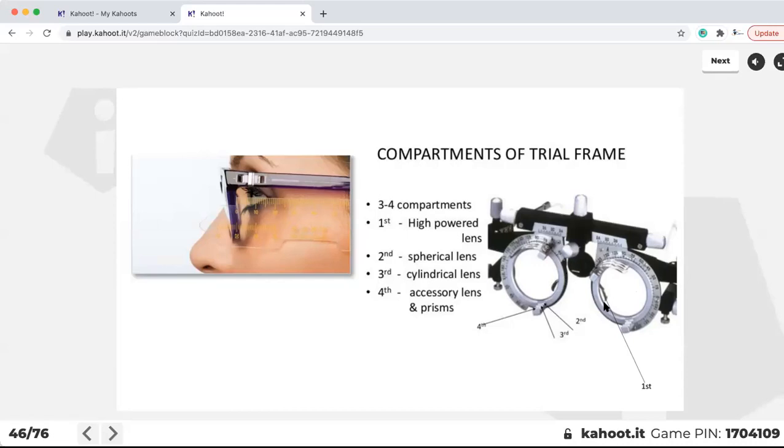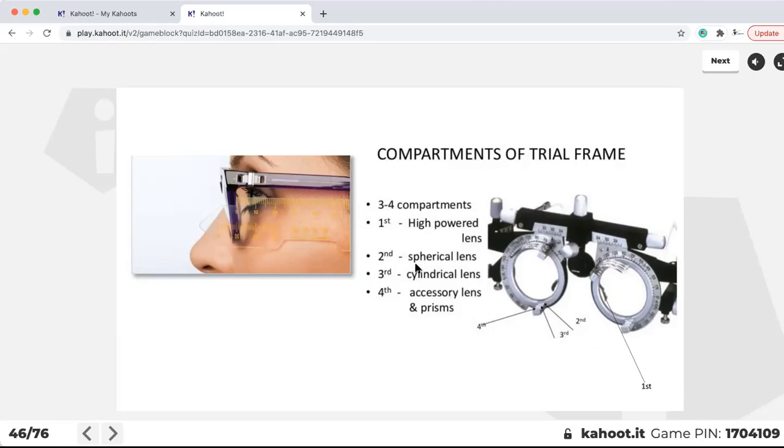Most of the trial frames have 3 to 4 compartments. We put the high powered lens in the back cell. The most powered lens should be put in the back cell. This will be more optical. So for a patient whose back vertex distance we are going to measure, we need to put the lens more than plus 5 or more than minus 5 diopters in the back cell.